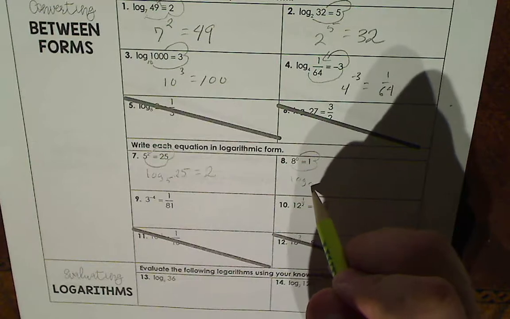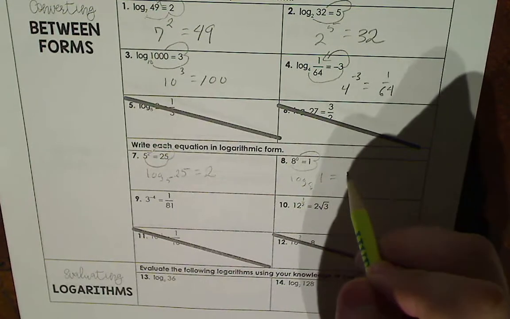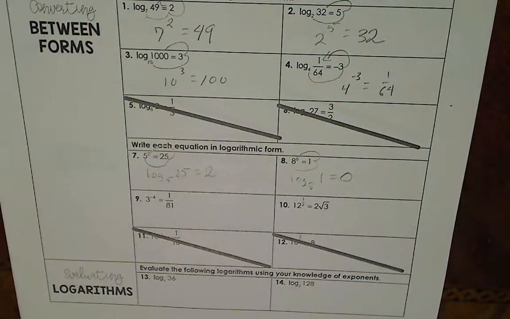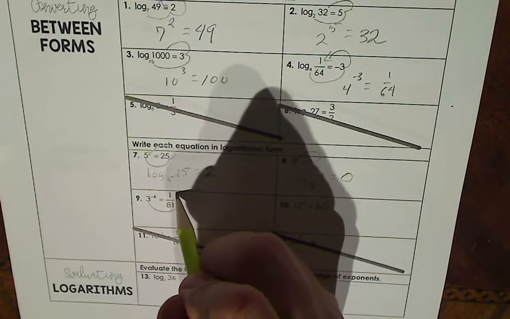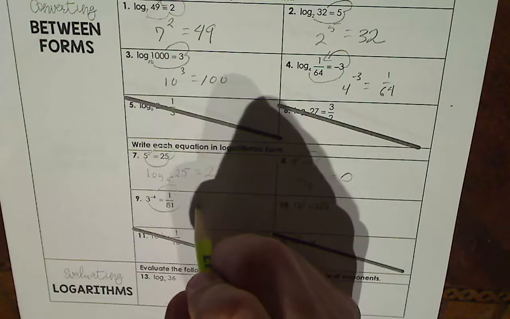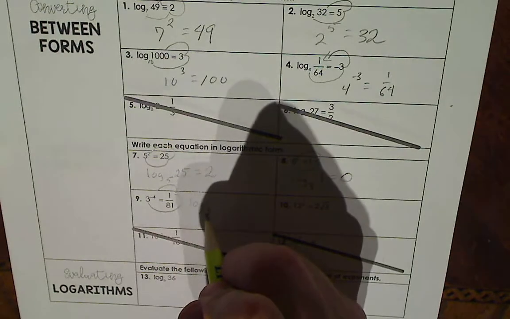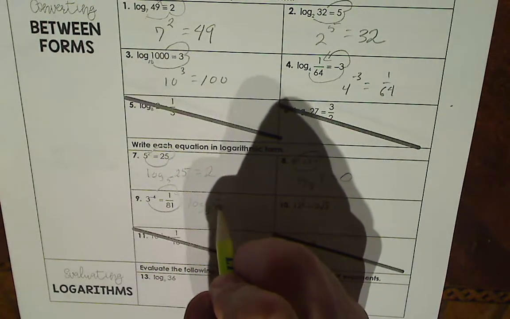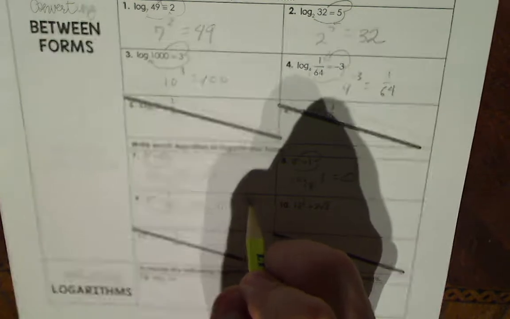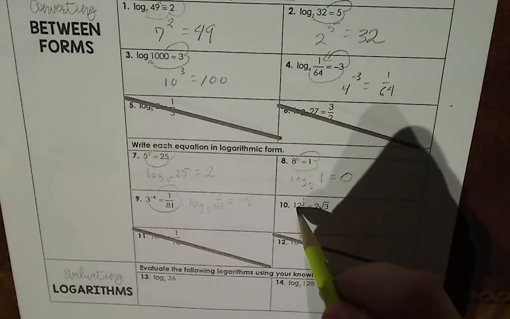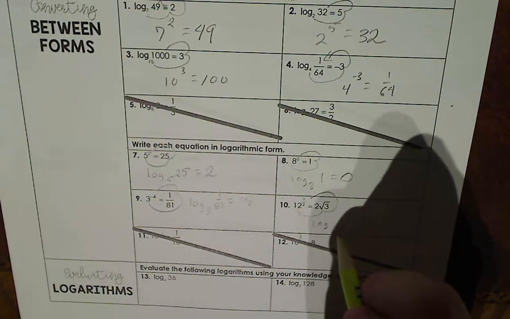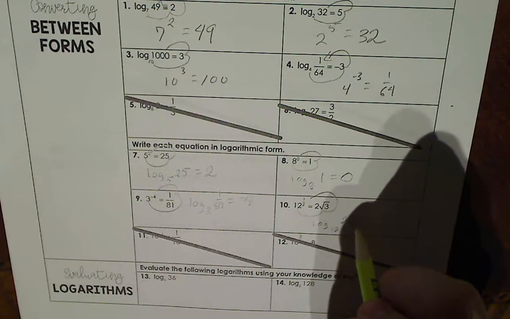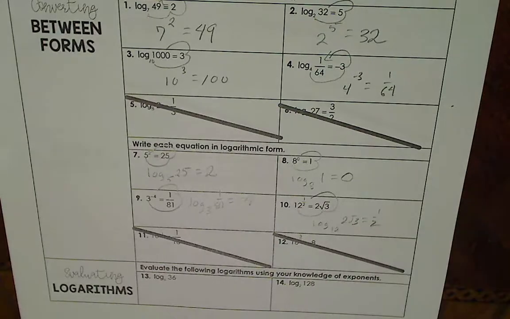Log base 8 of 1 is equal to 0. Log base 3 of 1 over 81 is equal to negative 4. Log base 12 of 2 root 3 is equal to 1/2. And that's how you convert forwards and backwards.